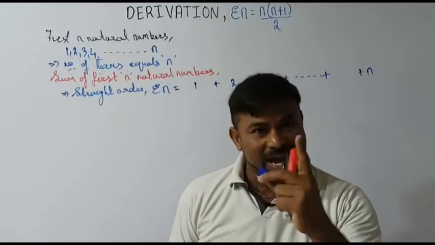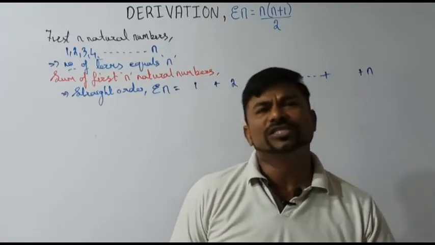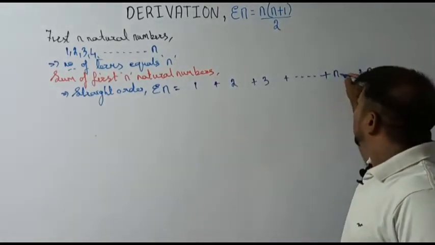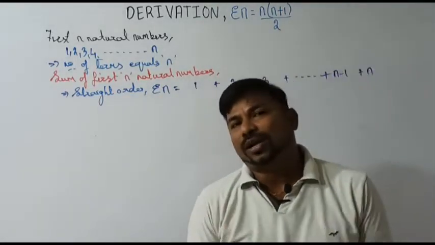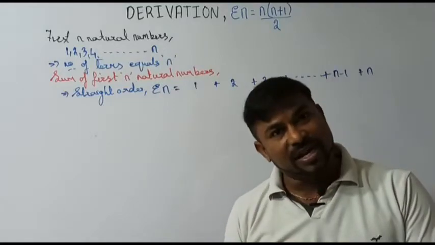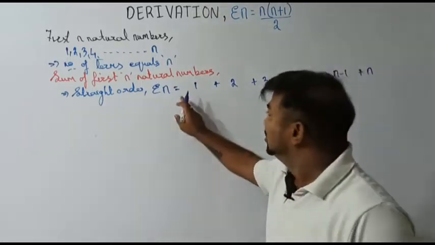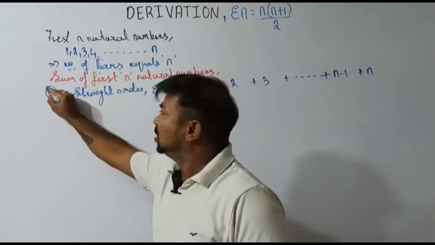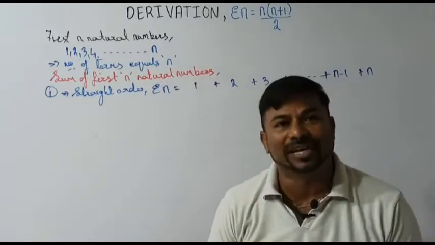One number less. What is the number which is just less than n? Obviously, it is n minus 1. So what did I take? I have taken the sum to n terms of the first n natural numbers in the straight order. I like to call this equation 1.